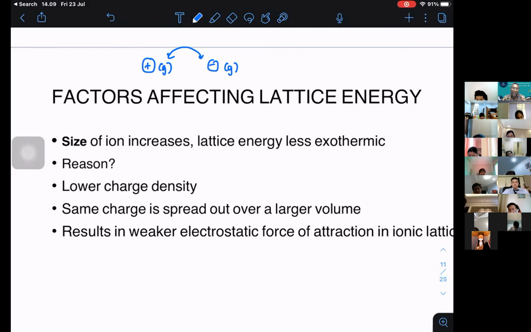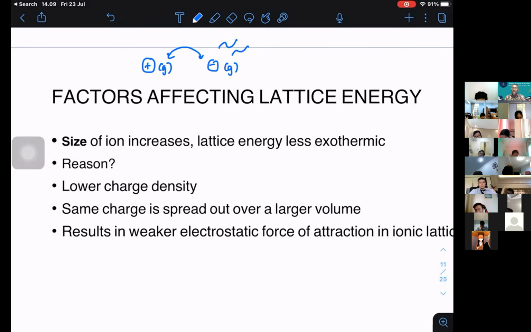So basically, they're talking about energy because of bond formation. The factors that affect lattice energy depend on how much energy is going to be released, which depends on how strong the bond formation is. So when can we say the bond formation is very, very strong? One, when the size is small.